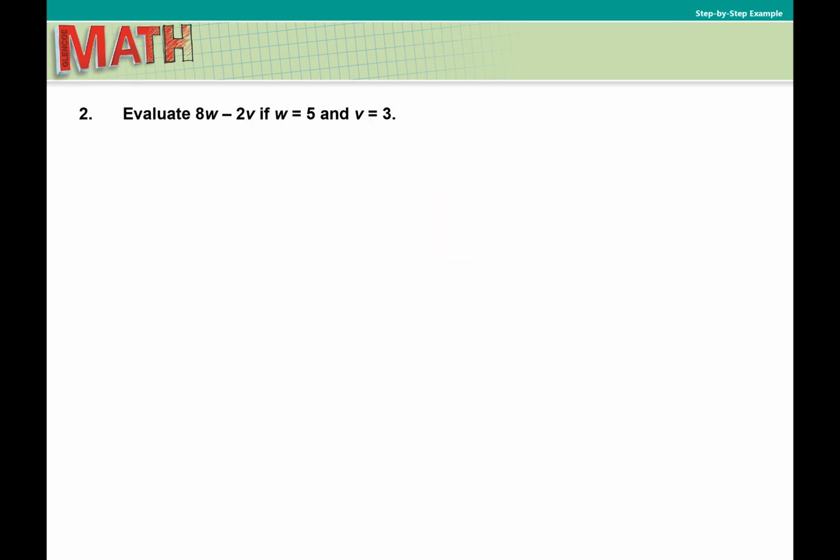Okay, evaluate 8w minus 2v if w is 5 and v equals 3. So we go ahead and plug those numbers in that we know for the variables. So 5 is going to be for w, v is going to be 3. And then remember our order of operations. We multiply first. Please excuse my. So do your multiplication of each of these here.